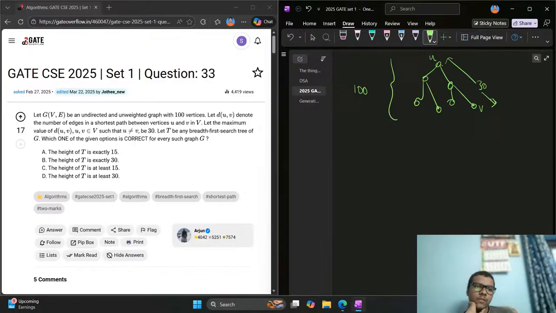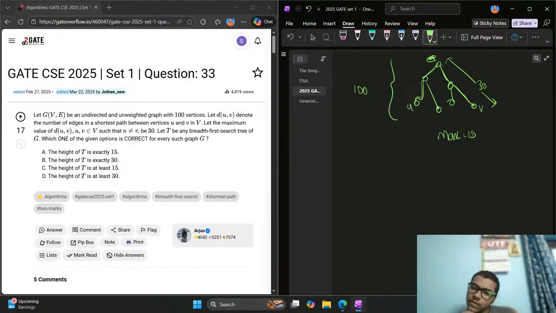Breadth first search. The height of the tree. Okay, this is not actually minimum. This is minimum. So if you look at this, this is a maximum path.